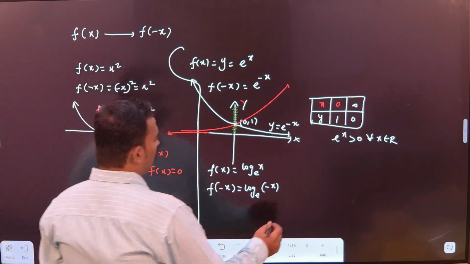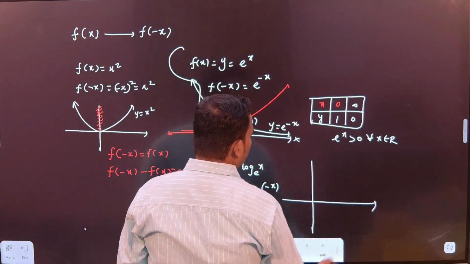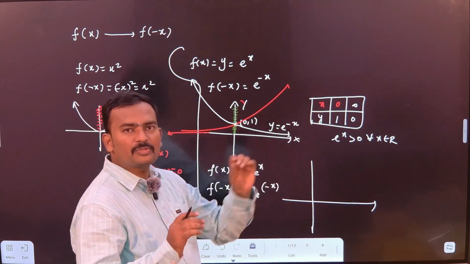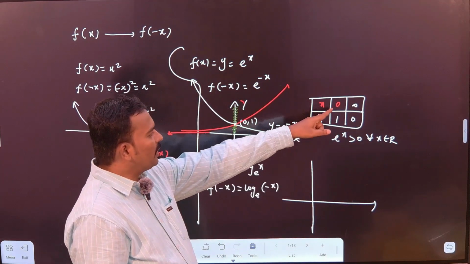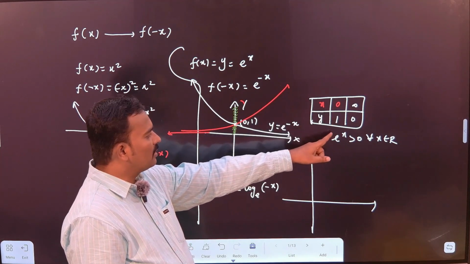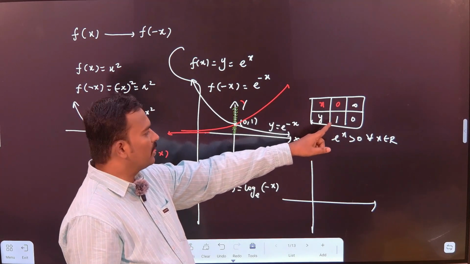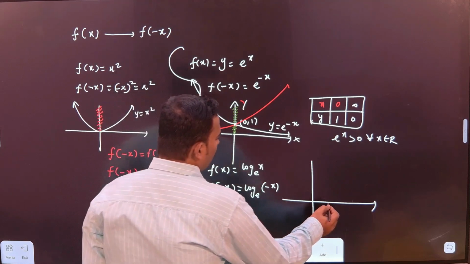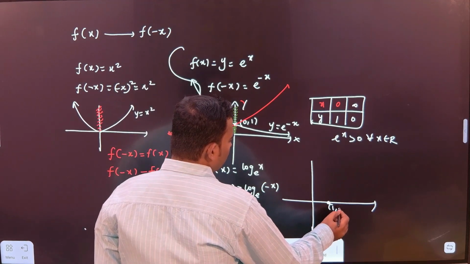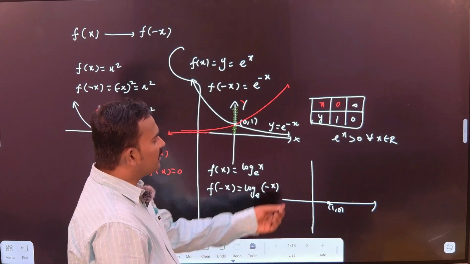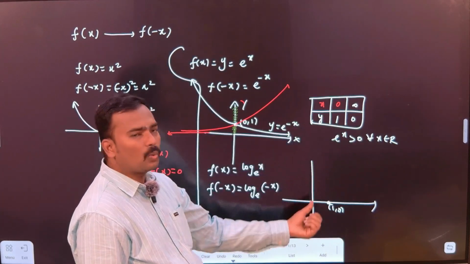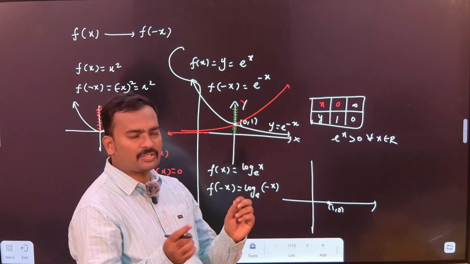The exponential and logarithm are inverses of each other. If you put x is 1, y will be 0, so the point is (1, 0). Here the y-intercept is not possible. They are inverses of each other.